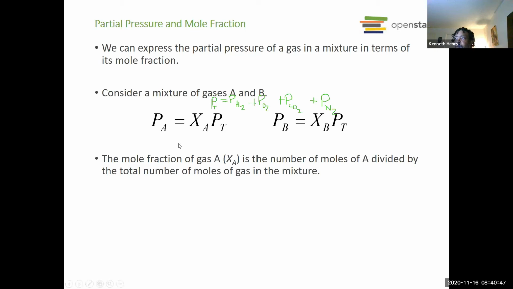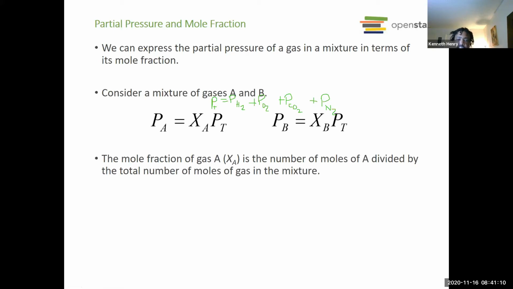right? So P total represents the total pressure. PA represents only the part of mixture A, right? And so we could sit there and say our mole fraction for PA over PT is equal to X. That represents our mole fraction.